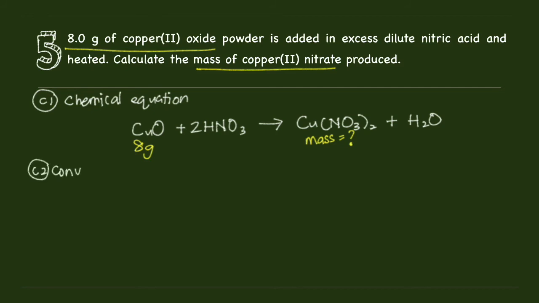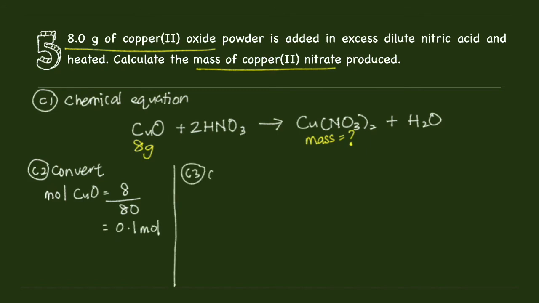Step 2 is convert. The mole of copper oxide is 8 over molar mass for copper oxide, which is 80, equal to 0.1 mole. Step number 3 is compare. Based on balanced chemical equation, 1 mole CuO ratio to 1 mole of Cu(NO3)2.